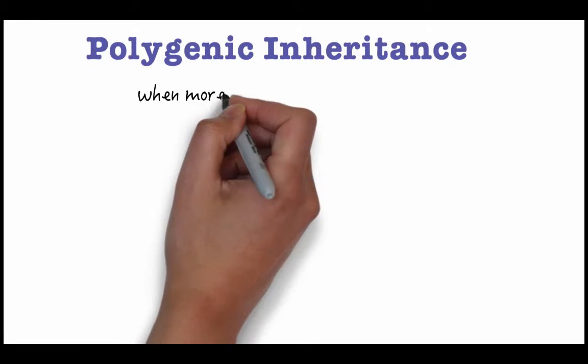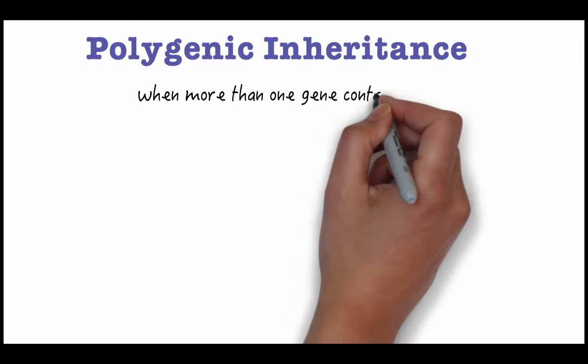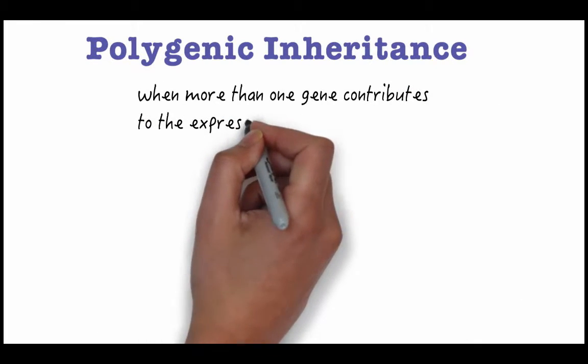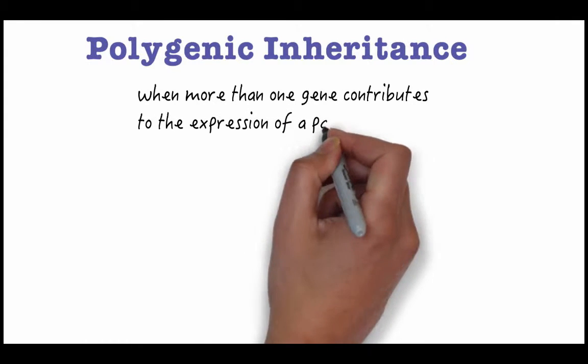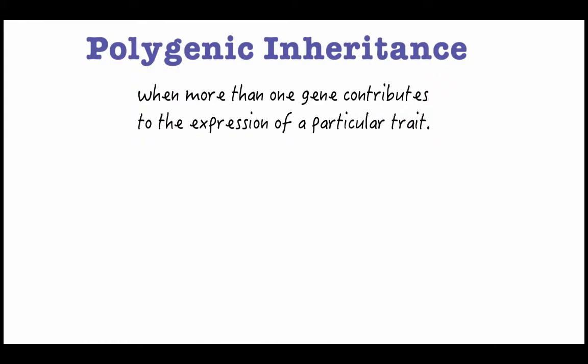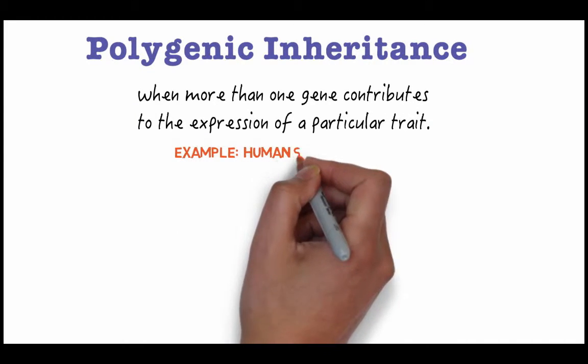Polygenic inheritance, on the other hand, results when you have more than one gene contributing to the expression of a particular trait. We generally see these traits exhibited as a continuum of phenotypes. Two well-known examples are human skin color and human height.